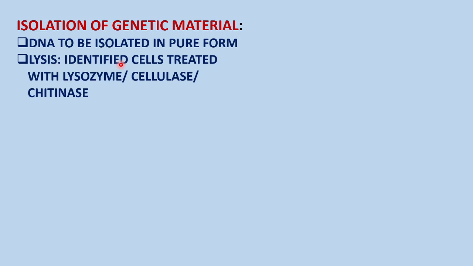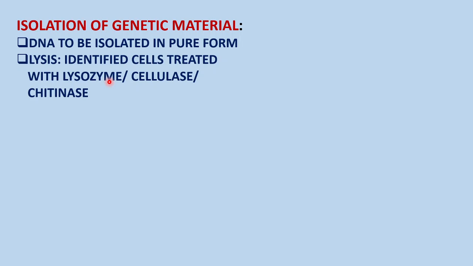So what will be done? The identified cells will be treated with lysozyme. Lysozyme is an enzyme that is capable of breaking down the cell wall of bacteria. So if our gene of interest, the desirable gene, is present inside a bacterium, then we will apply lysozyme to the cell.